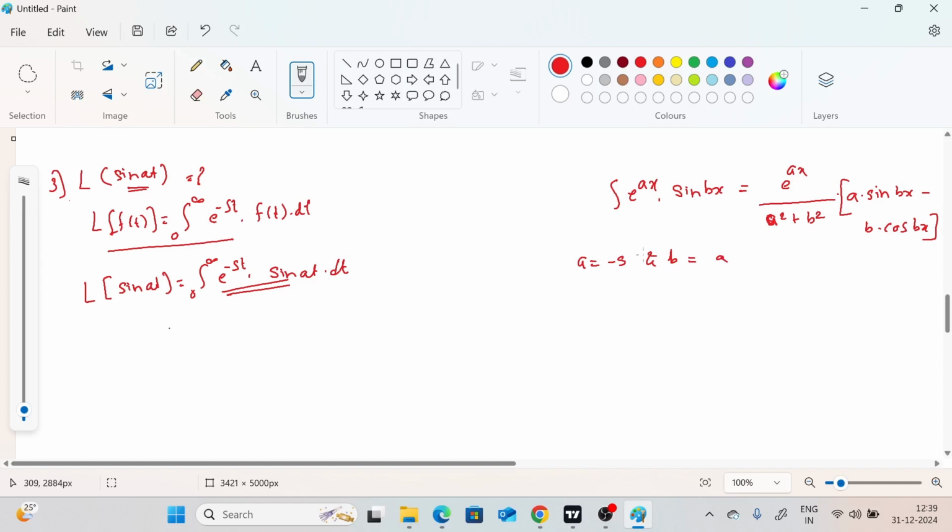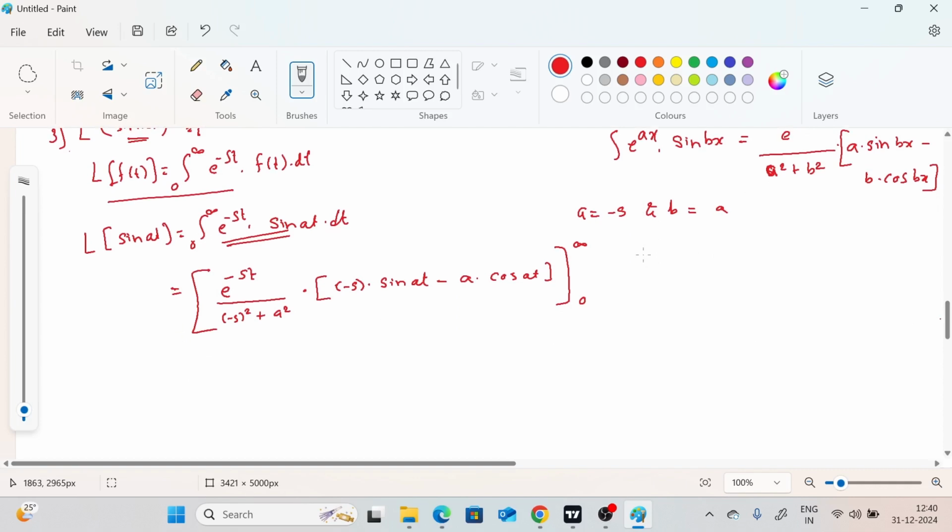So what we will get is e raised to minus st upon a square, meaning minus s square, plus b square, into a sin bx, meaning minus s sin at, minus b cos at, meaning a into cos at, with the limits 0 to infinity.